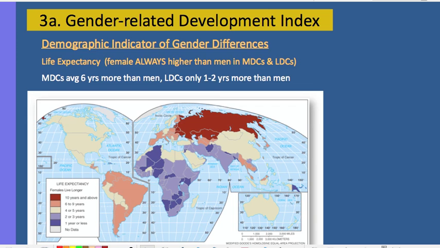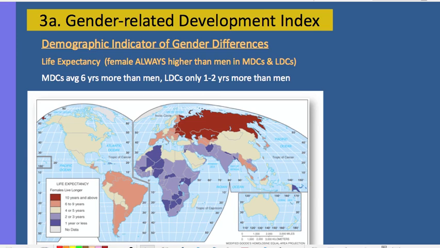The demographic indicator, life expectancy, is actually kind of the opposite. Females, on average, always live longer than men in both MDCs and LDCs.